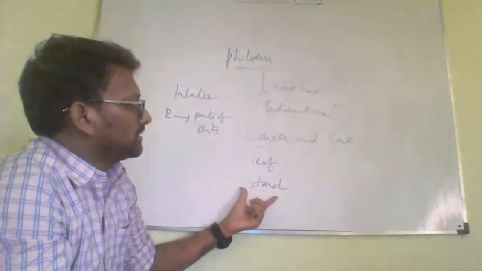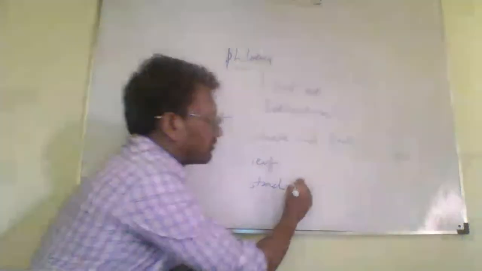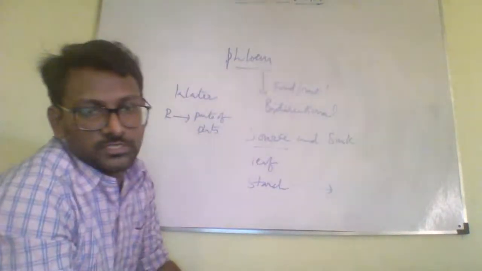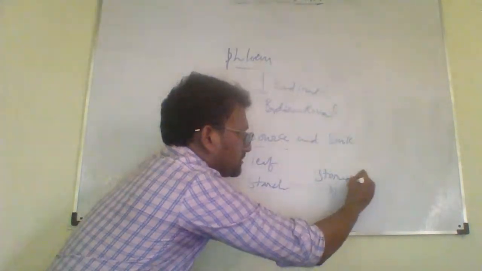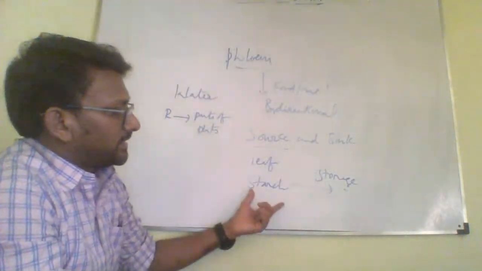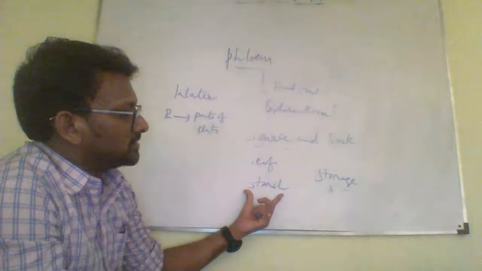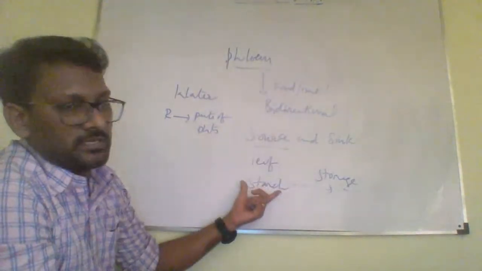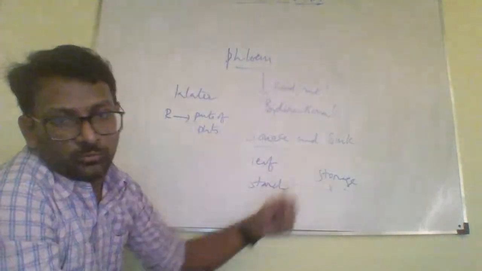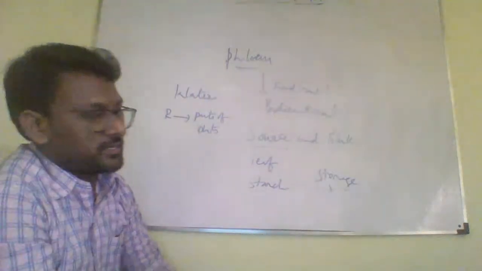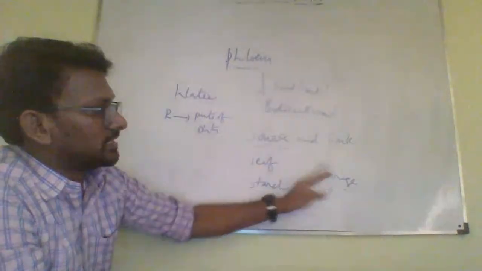The starch has to go to the sink. Here the sink is storage parts, right? So the food material needs to move from the source where it is produced to the sink where it is stored.